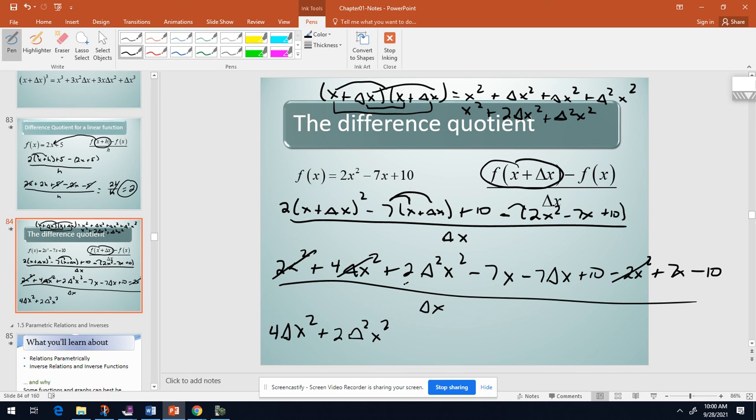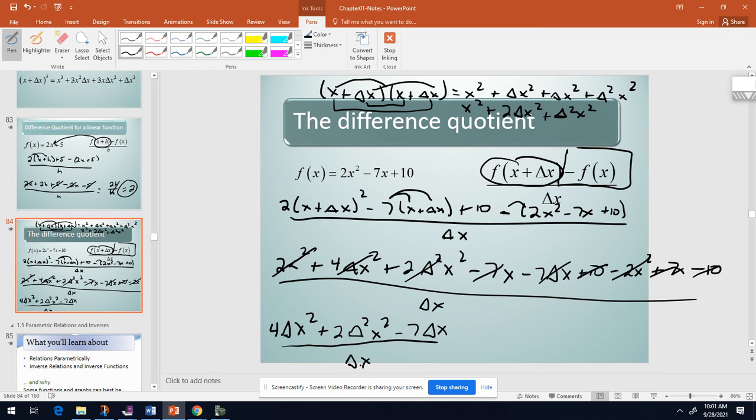So I've taken care of that. Negative 7x plus 7x, gone. Minus 7 delta x. Okay, took care of that, and this 10 and this minus 10 cancel. Notice this will happen every time. When I subtract f of x, all of those cancel. Every single time that will always cancel. This is all over delta x.